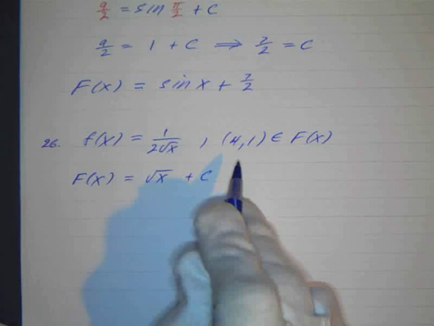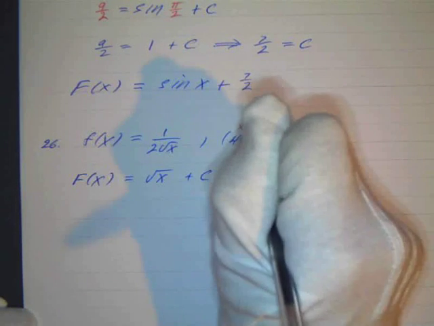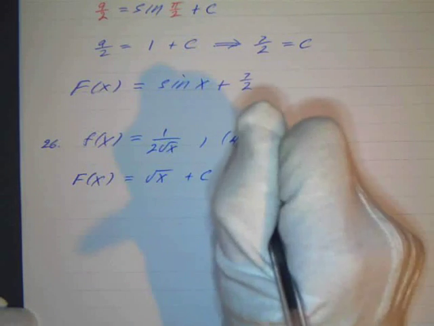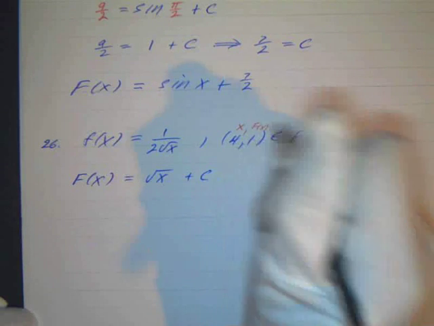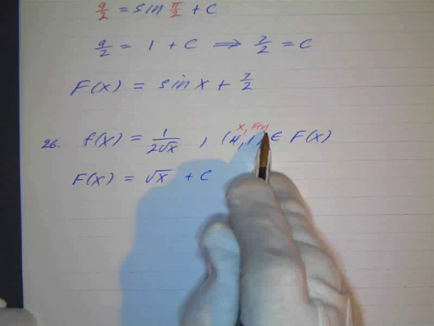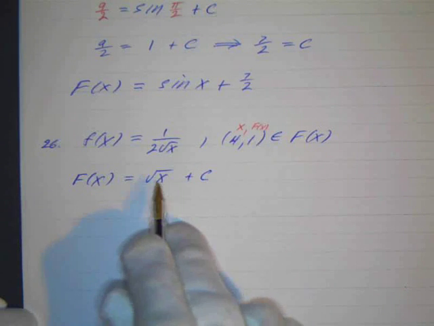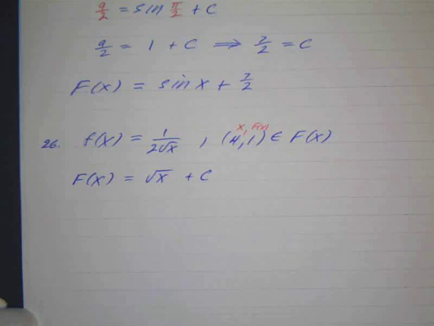But we do have enough information to find it because we know that this is going to be x, and this would be capital F of x.